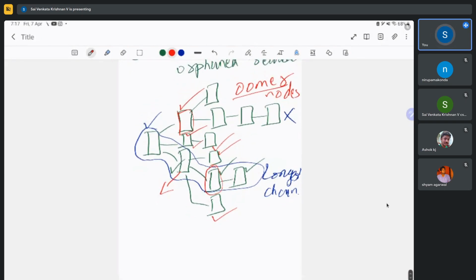So when we consider this as the longest chain, what we mean by longest chain in this GHOST algorithm is that the transactions in the longest chain are only valid. The transactions in the other blocks which are not part of the longest chain won't be validated.